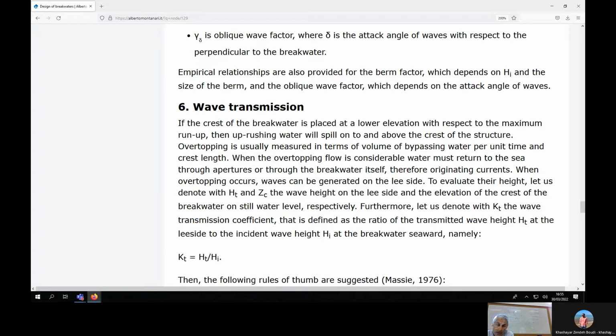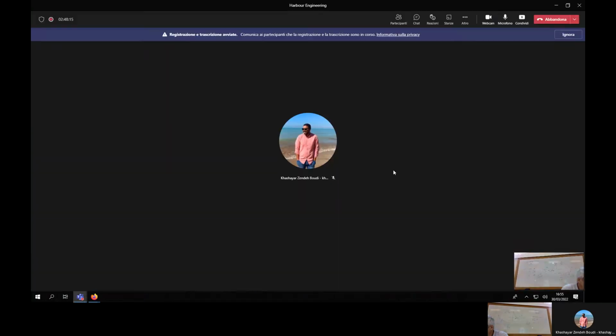And so in the lee zone, which means the zone between the breakwater and the coast, we still expect some waves, even if the breakwater is continuous, because, as I said, the breakwater is partly permeable. And therefore, we have to expect some transmission.